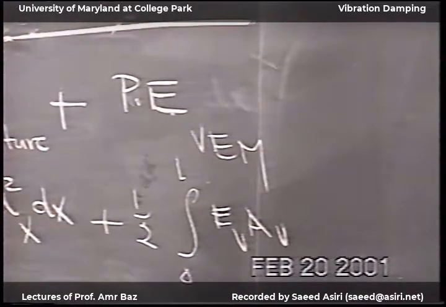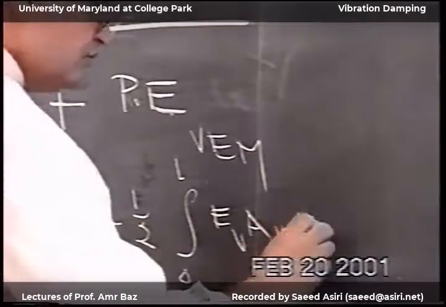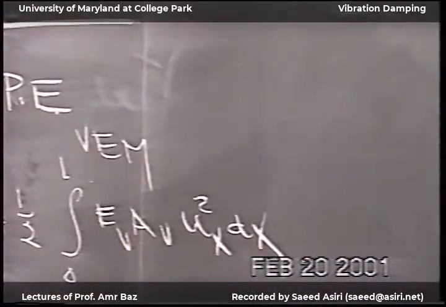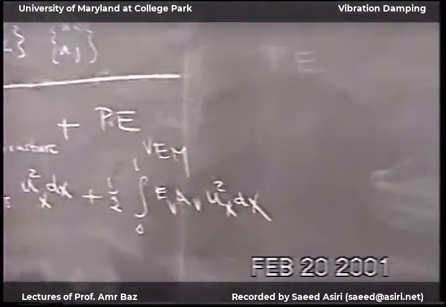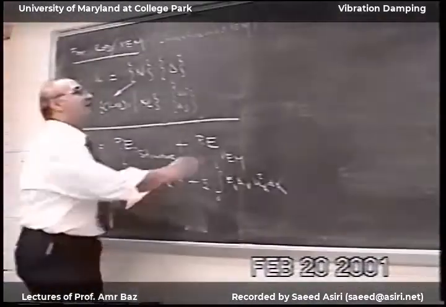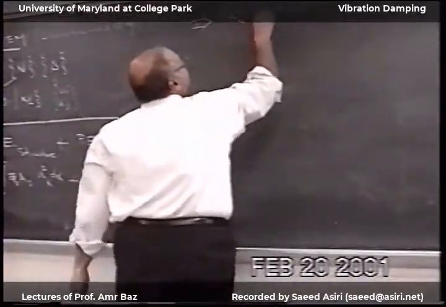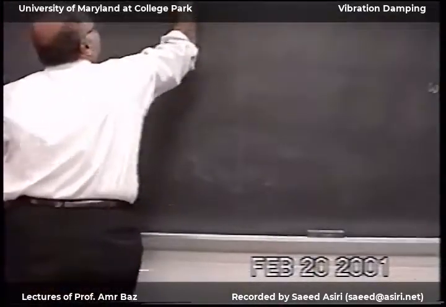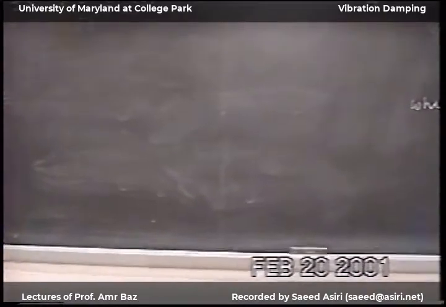Viscoelastic strain exactly the same as the base structure. So now I'll put this U of x squared dx. Now I have the U, then I can replace the U of x by the interpolation function. Then also U of x will equal to, and then I repeat exactly what we've done before.